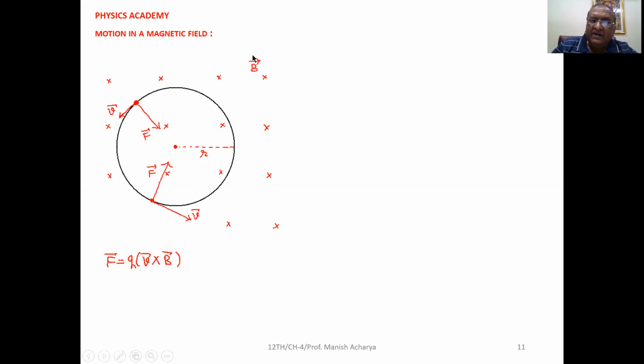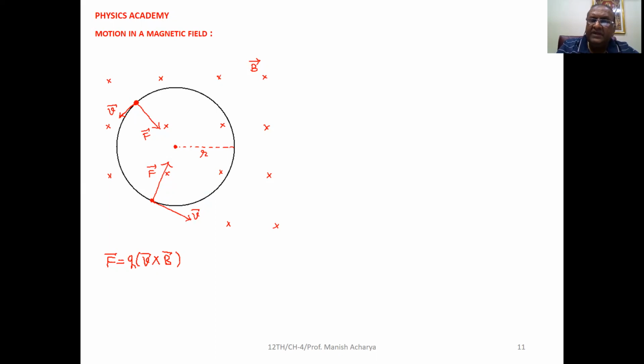In this uniform magnetic field B, a charged particle enters with velocity v, in the plane of the paper.